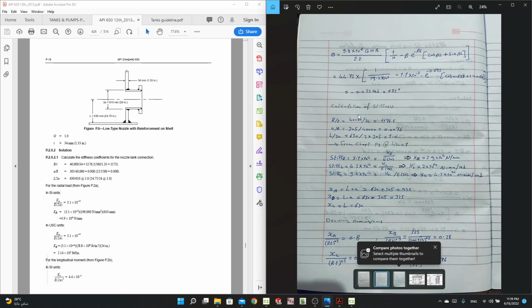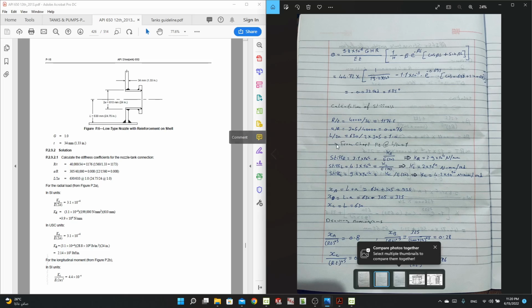After that, we start to calculate the stiffnesses of the nozzle, and this will be by calculating the parameters to go to the chart, which is the radius of the nozzle divided by the thickness, the radius of the nozzle divided by the radius of the shell of the tank, and the length, the height of the nozzle, divided by 2 times the radius of the nozzle.